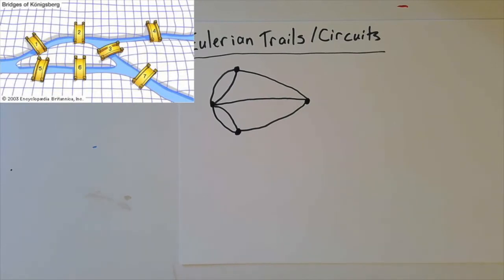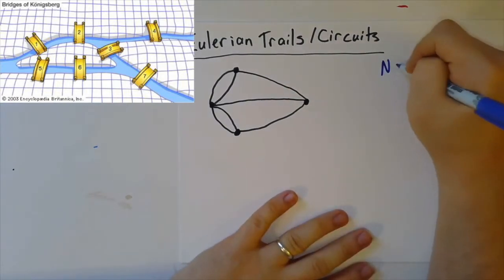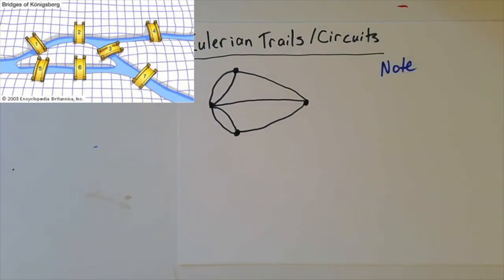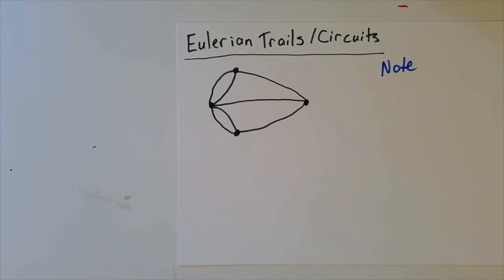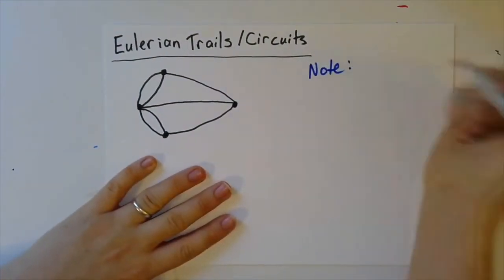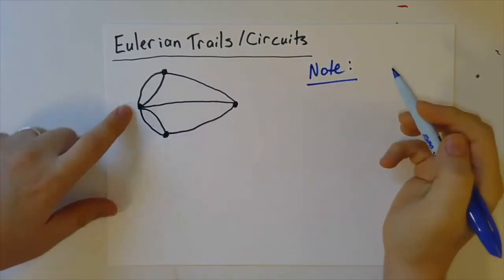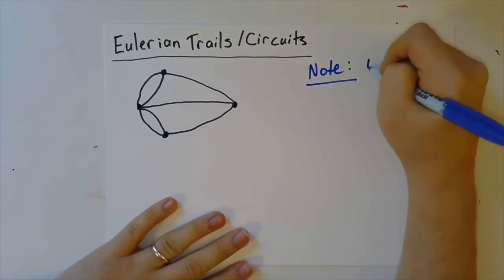Now, the astute among you might note something, which is maybe rather important to acknowledge, which is that this thing isn't a graph by our definition of graph.